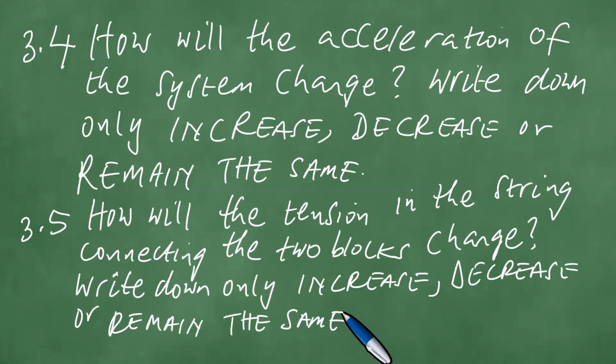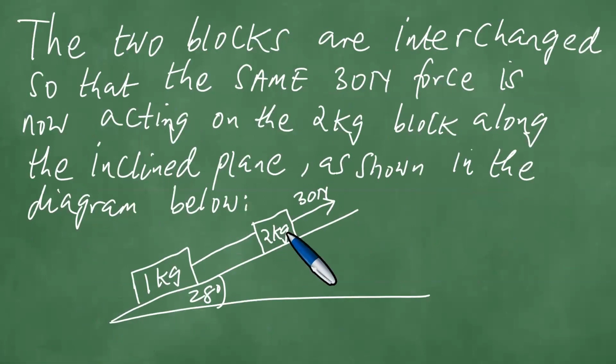Write down only increase, decrease, or remain the same. So how will the tension change now? Because we had the 1 kg block in front and the 2 kg block was here at the back.